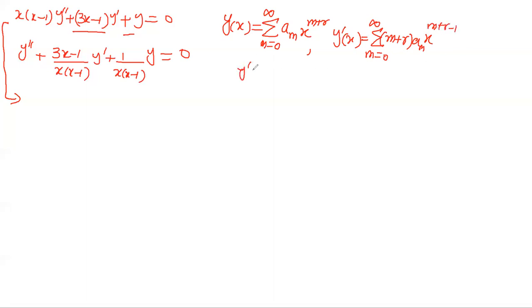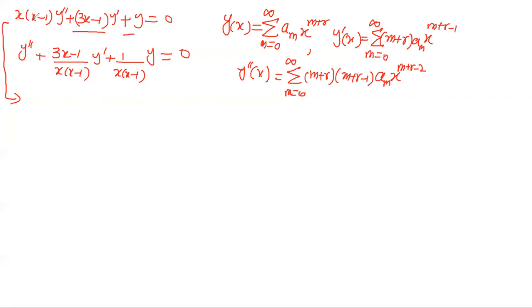And then for y double prime of x, it is the sum from m is equal to 0 to infinity of m plus r into m plus r minus 1, am x power m plus r minus 2.